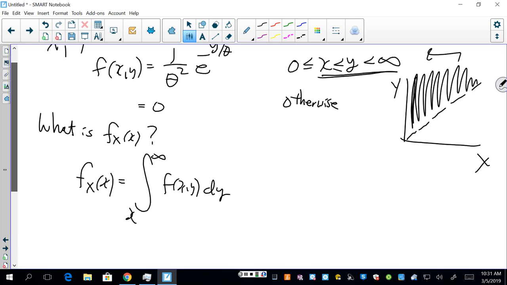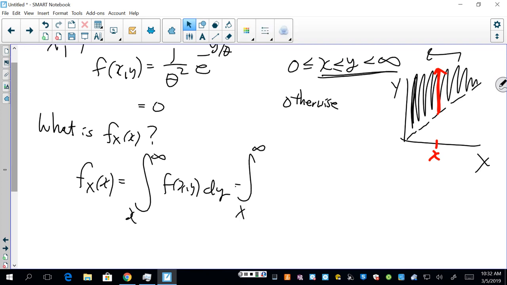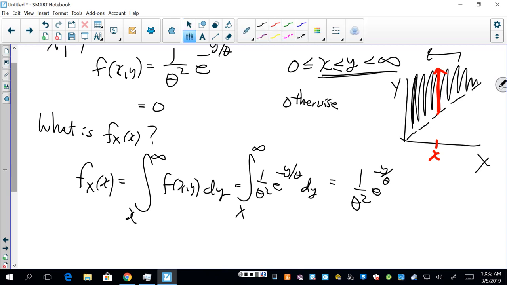So for a given value of x, we want to get the density here. So we're going to integrate with y going from that point all the way up. So we're integrating x to infinity, 1 over theta squared e to negative y over theta dy. And so we'll get a 1 over theta squared, e to negative y over theta gets repeated, and there'll be a negative theta in here.